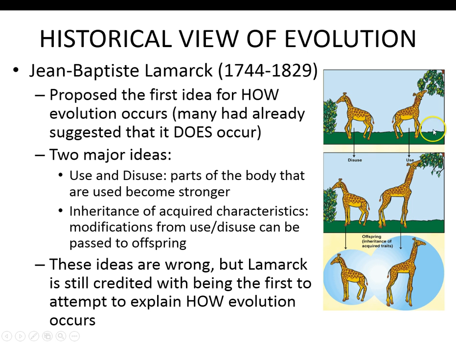But if we look at evolution from the perspective that this giraffe has genes that allow it to grow a longer neck and longer legs, then yes, we can pass those traits on to our offspring, and those offspring will have an advantage if the only food source around is tall trees. Okay? And that's what Darwin's ideas about natural selection are based on.